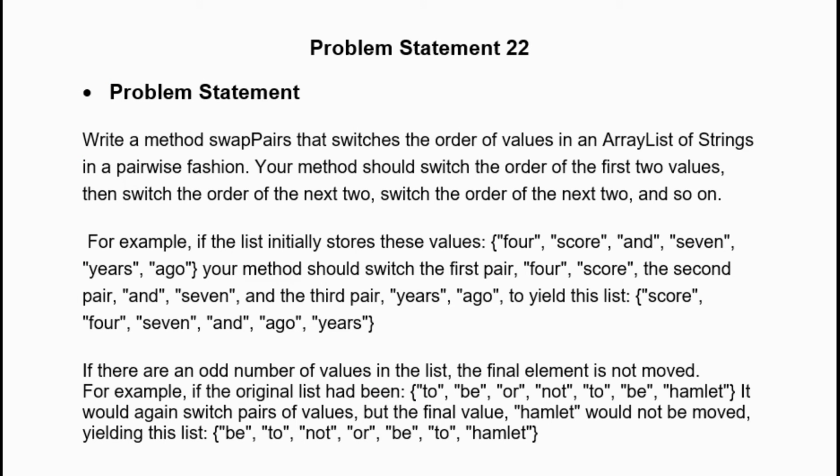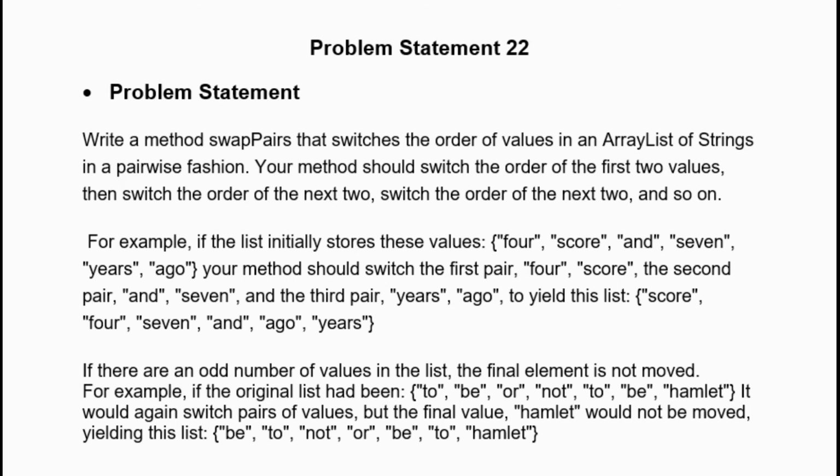It says write a method swap pairs that switches the order of values in an array list of strings in a pairwise fashion. Your method should switch the order of the first two values, then switch the order of the next two, switch the order of the next two, and so on.